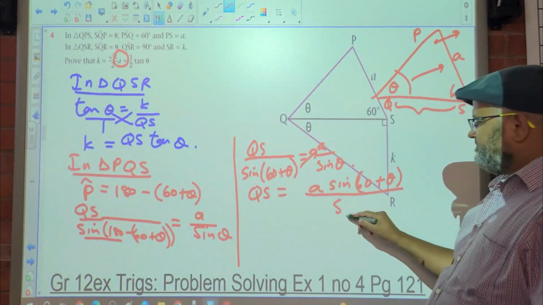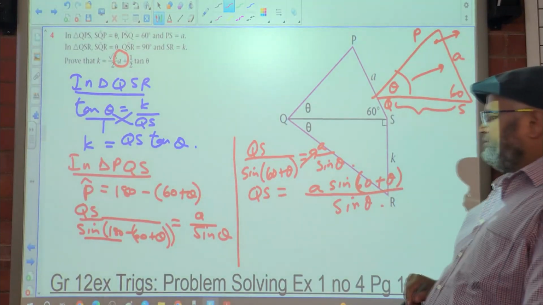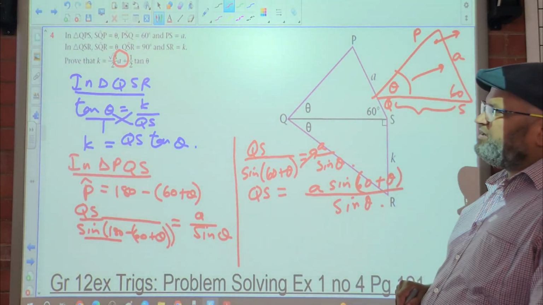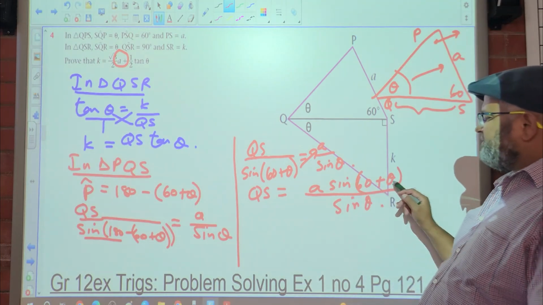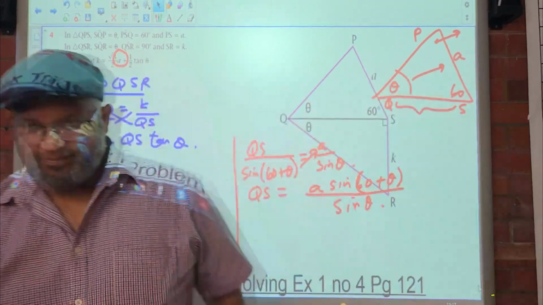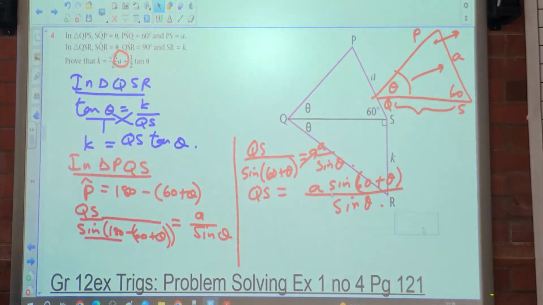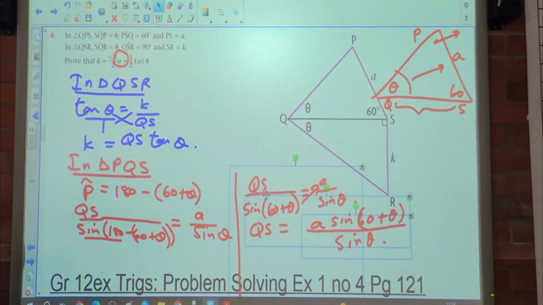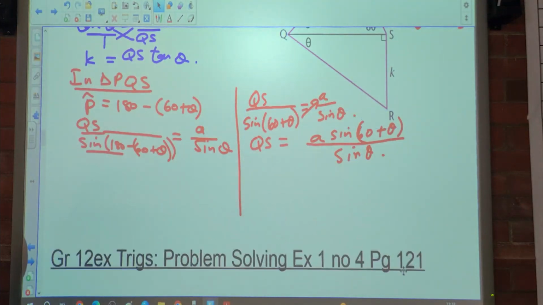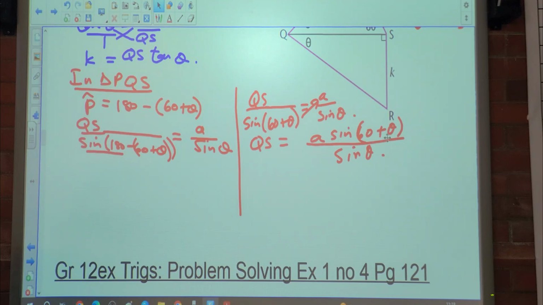But what does this sine 60 plus theta remind us of? Special angles. Yes, what else? Compound angles, people.